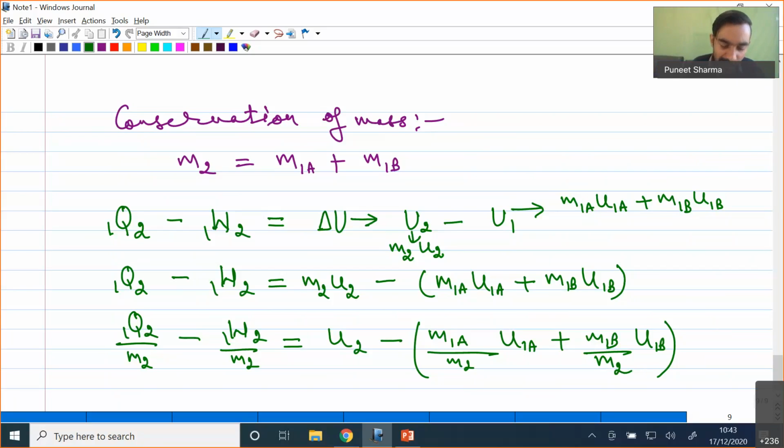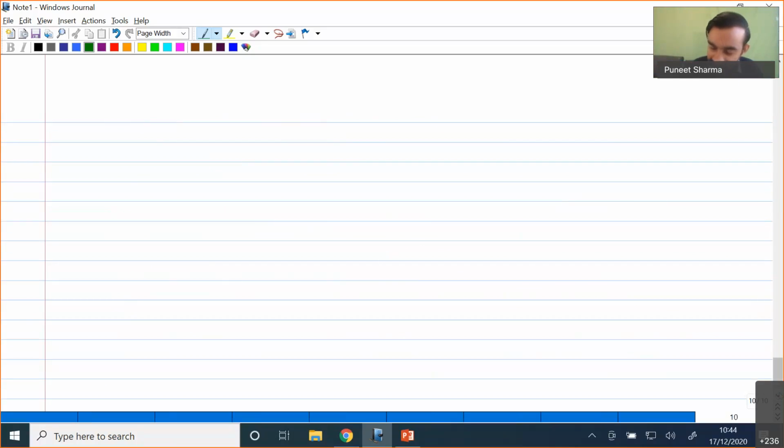As our system boundary is not changing, work transfer in this particular case will be equal to 0, because the boundary of the system, whatever we have considered, is not changing while we are having the mixing. Okay. And if we consider that our process is adiabatic, in that case, what will be happening?